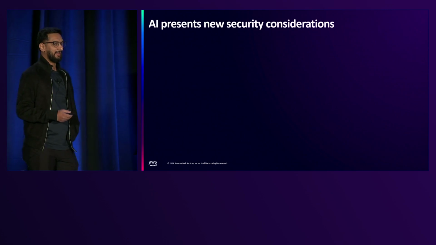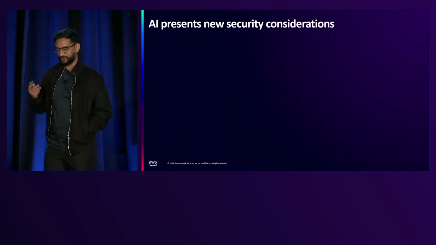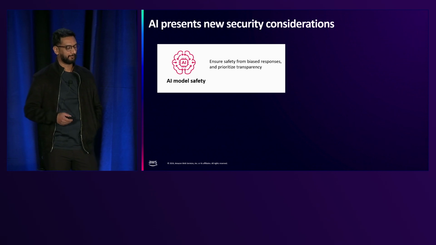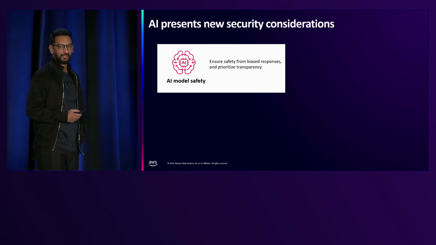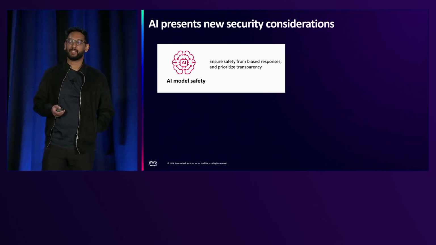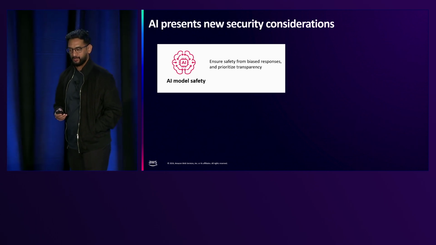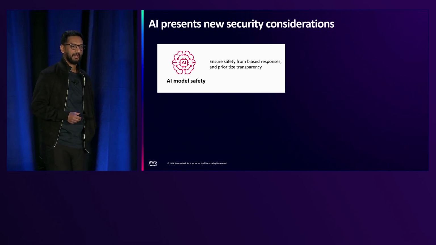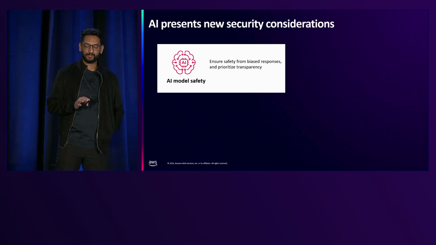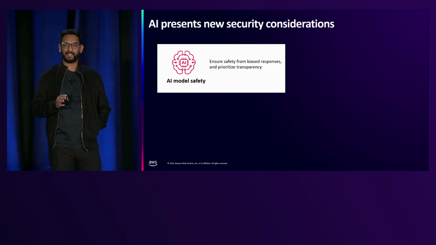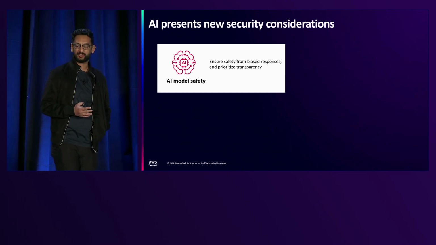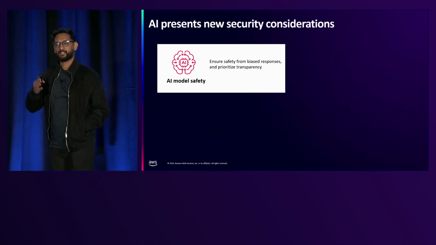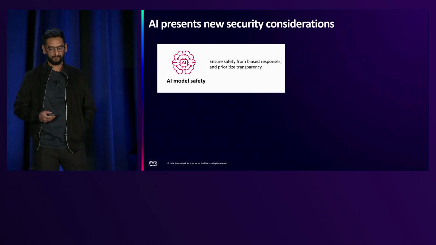Now, given that change in adoption trends and the pace at which it's going, what are some of the security considerations when using these applications? Now, let's start off first with AI model safety. When customers build AI systems, they want to prioritize safety, ensure transparency, fairness, and robustness at every step of that customer experience.